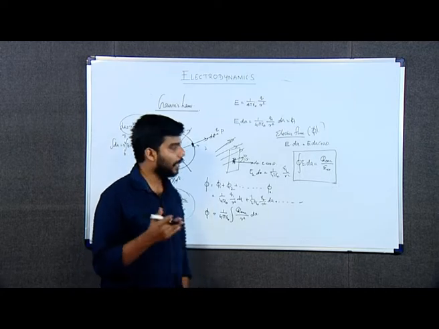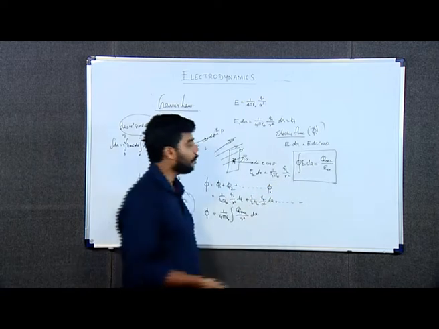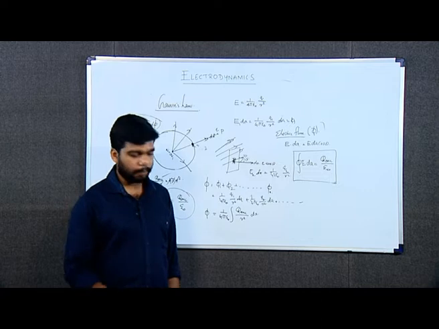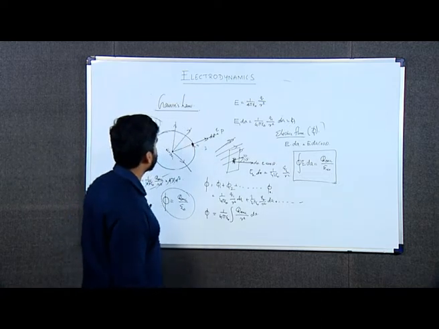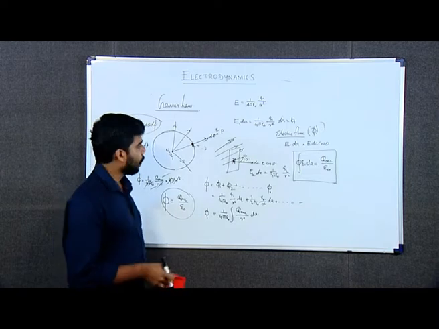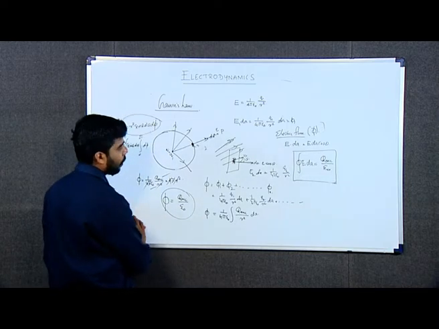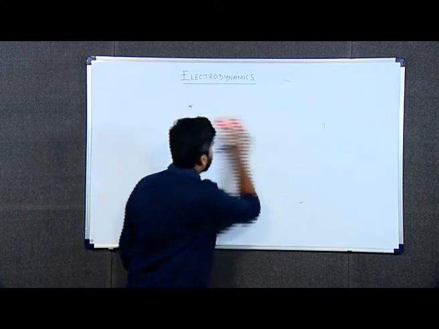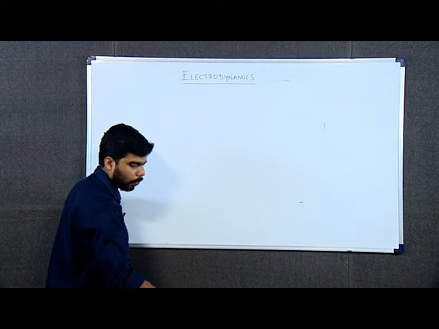Now, this is the integral form, and we want to write Gauss's law in differential form. So how will we write Gauss's law in differential form is the next question. For that, let us rub this off, and now we'll write Gauss's law.